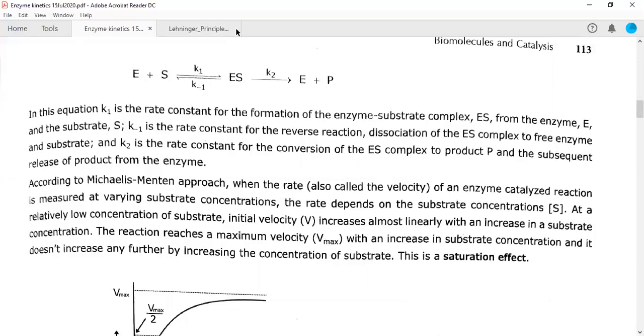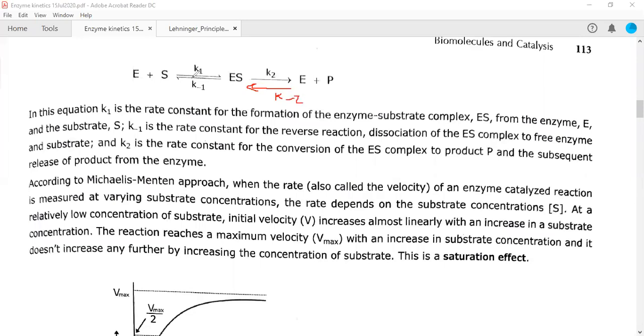Can you assume a reaction where this enzyme product complex can go back to make this enzyme substrate complex, and this enzyme substrate complex, with the help of K minus 1, will be dissociated into enzyme and substrate again? Because this is K2 for the forward reaction, for the backward reaction the rate constant will be K minus 2.